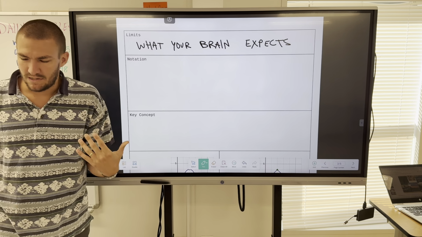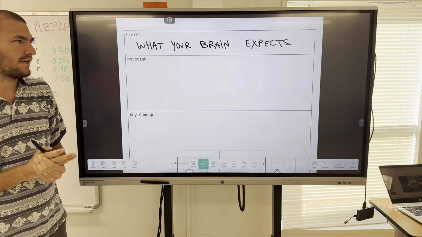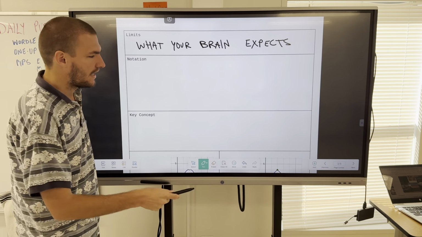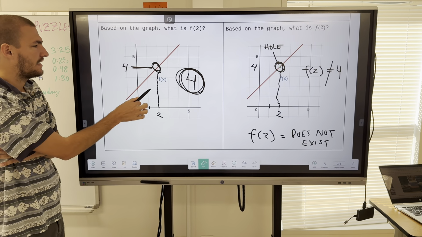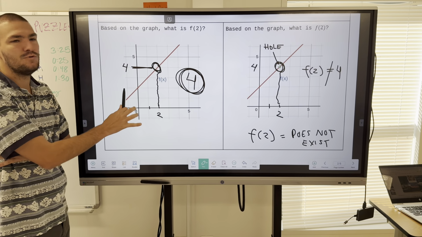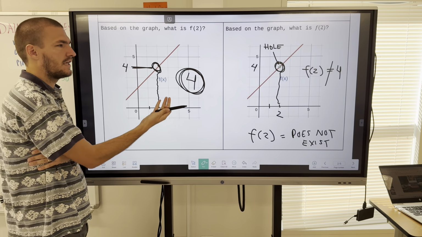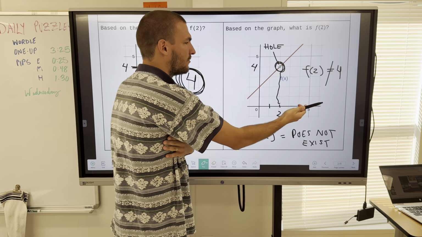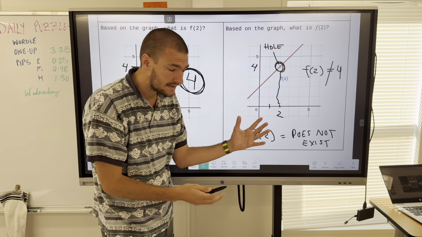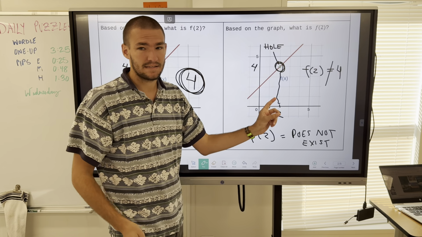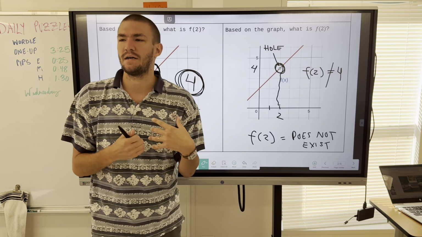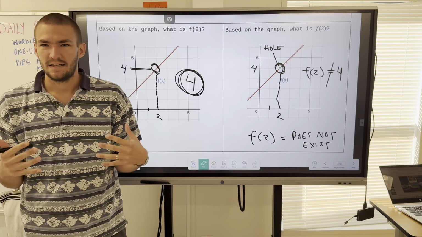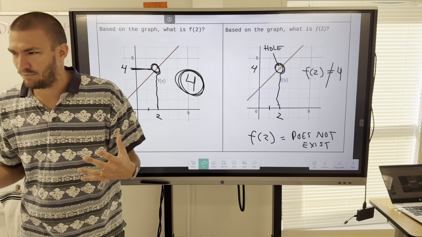But again, the thing about limits is just keep it as easy as you can in your head, okay? If we look at this, is f of 2 4? Yes, of course. Is f of 2 4? It is not. But the limit is 4. The limit is almost like what it should be. The limit is like what you predict it would be.